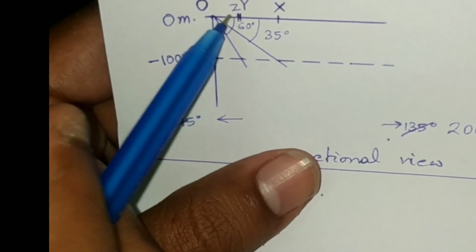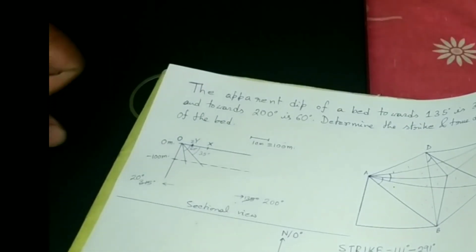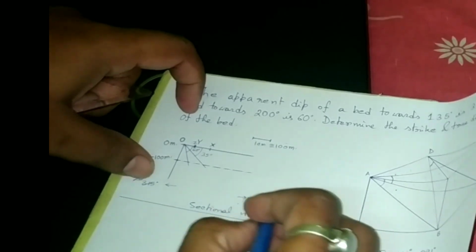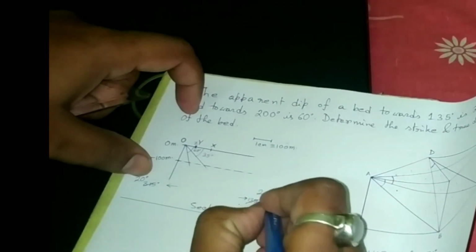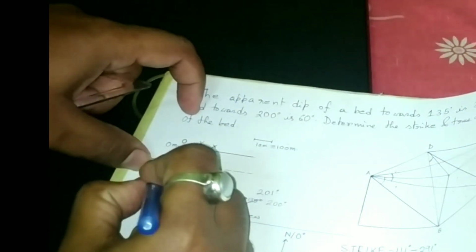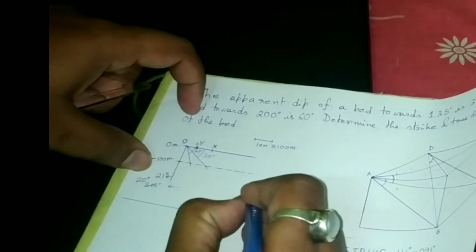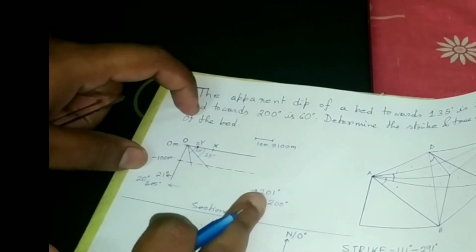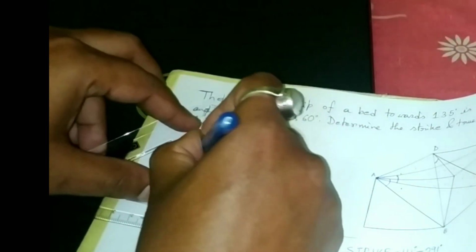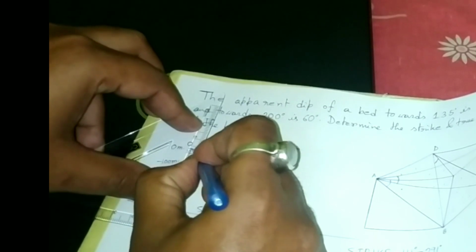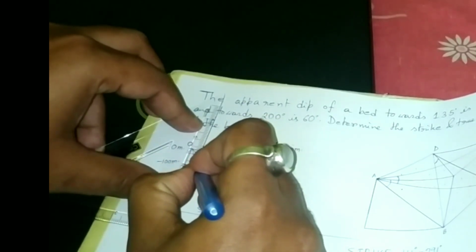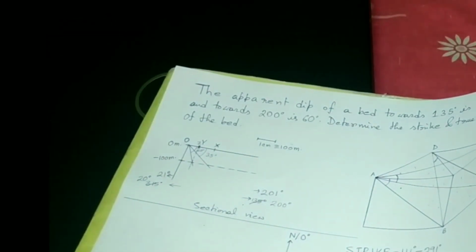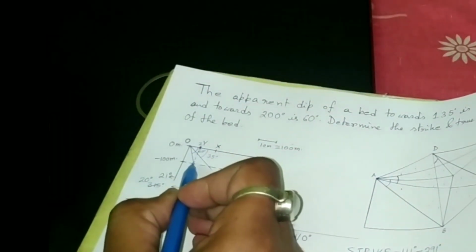So this OZ is the strike spacing, and now the vertical section trend has become 201 and 21 degree, because 201 is the true dip direction.